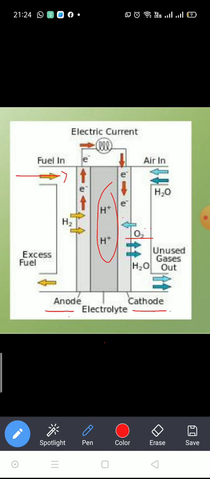And from the air, oxygen is entering here. As air is entering, it is giving oxygen. Hydrogen we are supplying. So excess fuel is also removed from the cell. Okay, so this is the construction of the fuel cell.